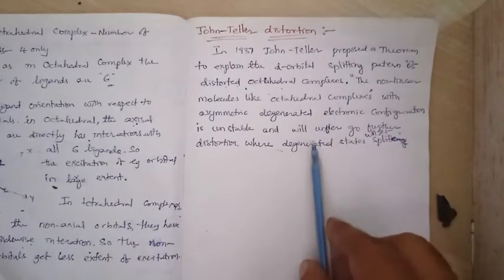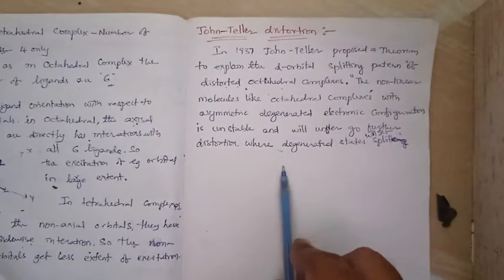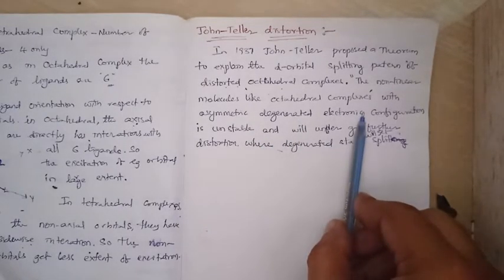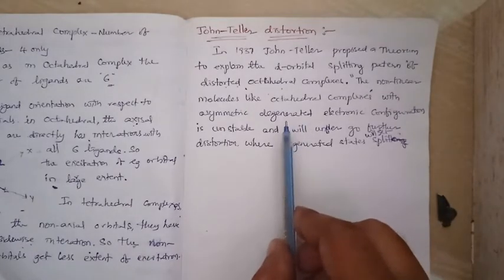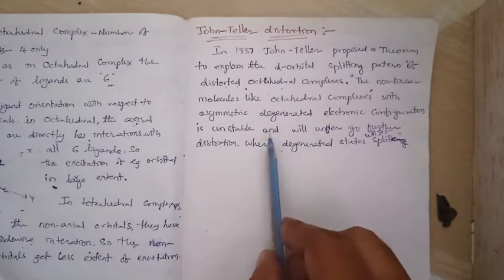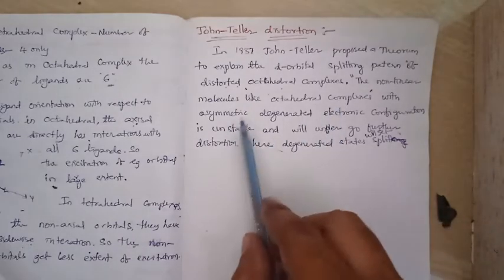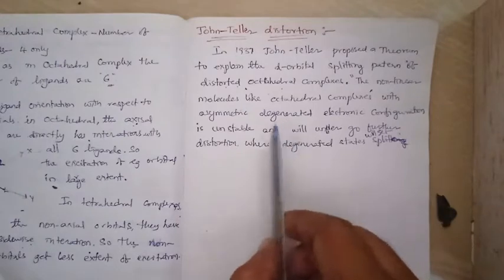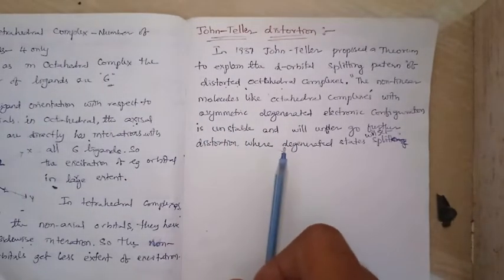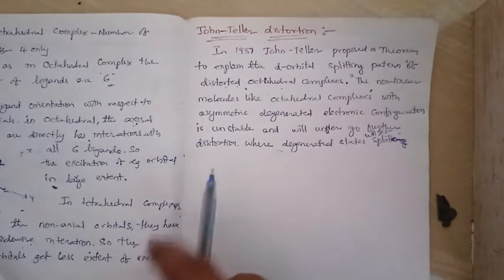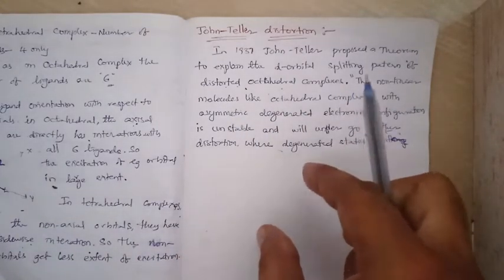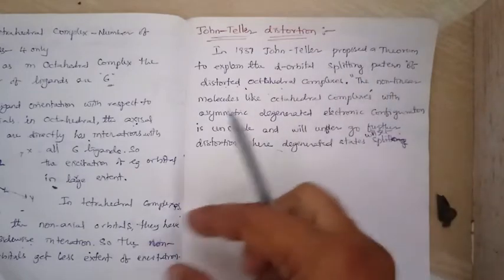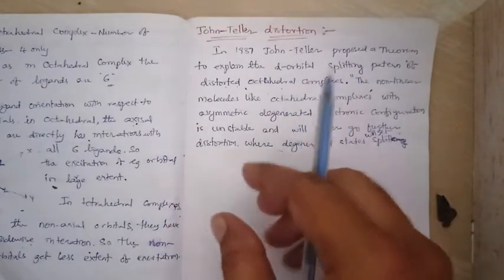The T2g will never remain T2g, and the Eg will never remain Eg, in a distorted octahedral with asymmetric electronic configuration. That is the exact statement of the Jahn-Teller distortion. So octahedral complexes having asymmetric electronic configuration will undergo further distortion, further splitting.